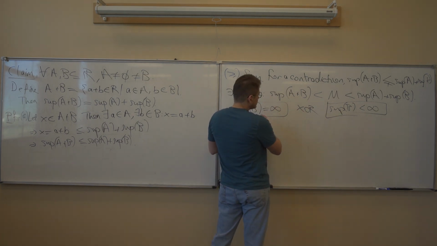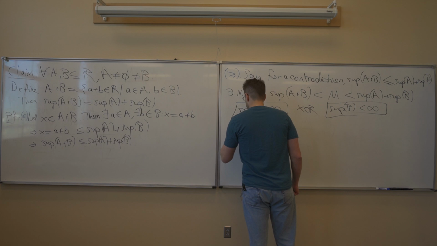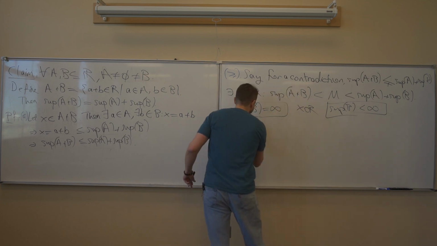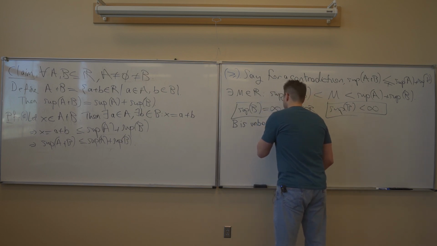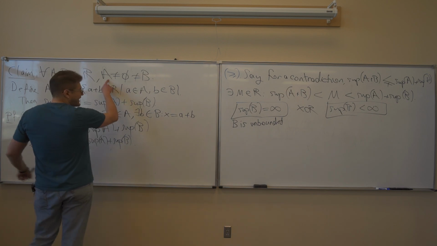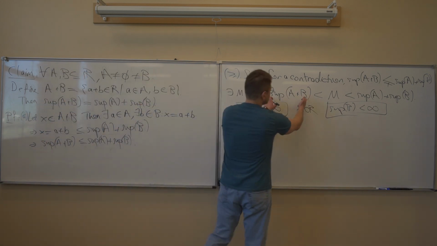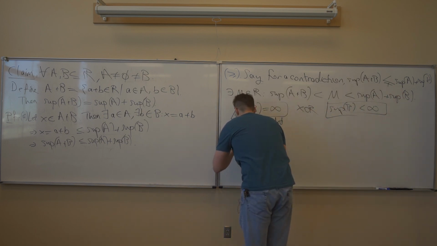In this case, B is bounded, B is unbounded. If B is unbounded, because A is non-empty, A plus B too is unbounded, in which case both this and this thing are going to be infinity.